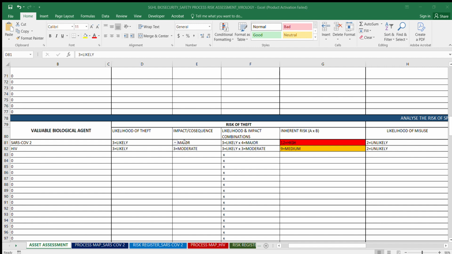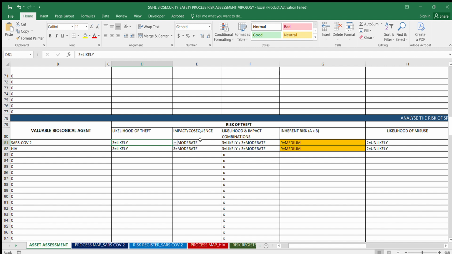You determine the likelihood, and then you determine the consequence. After you do the combination, the template will give you the risk rating. It's automatic.